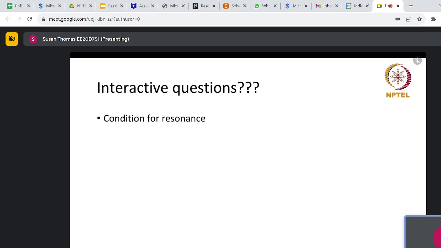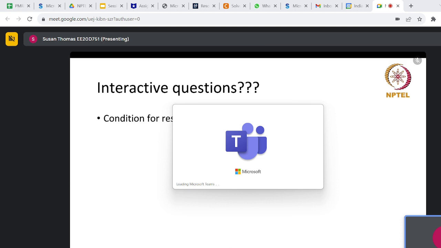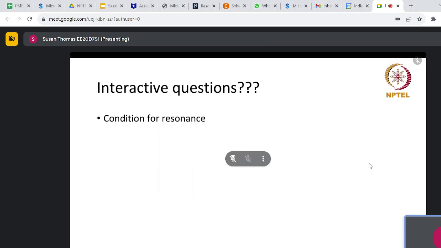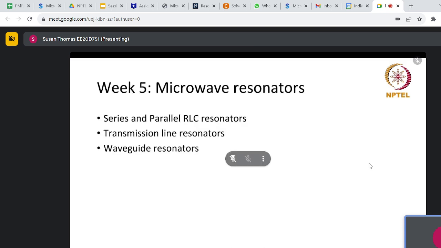I would request you all to tell me what you understand about the condition for resonance. You can either type in the chat or unmute yourself and comment what you think. What is the condition for resonance? The whole week 5 was about different types of microwave resonators, starting from RLC resonators to transmission line, how it can act as a resonator, then a waveguide, how it can act as a resonator.